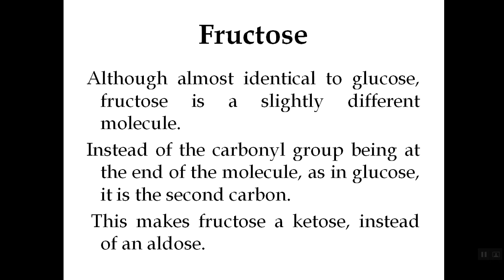It is not placed at one end of the molecule like our glucose. So this makes fructose a ketose sugar, because the ketone group is present at the C2 position instead of an aldose sugar.